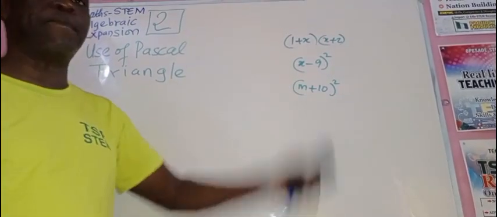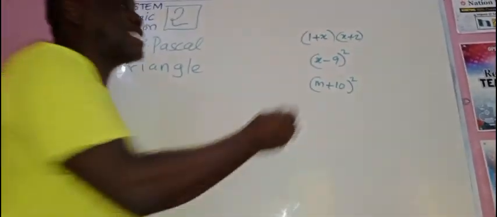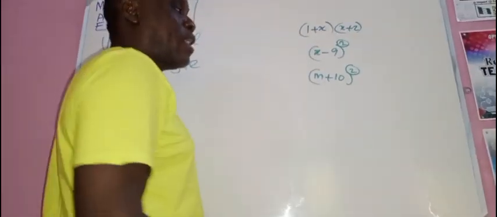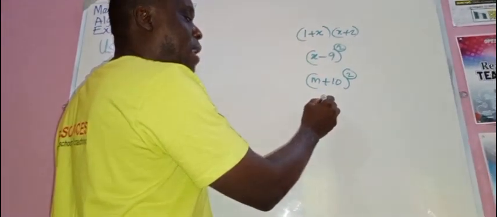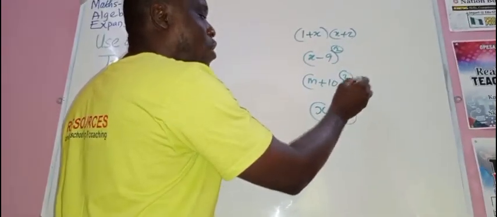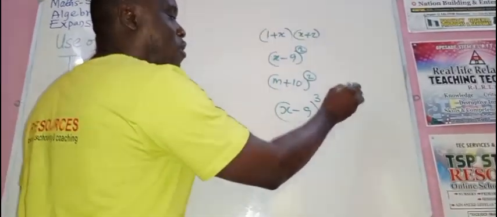We did something like this in part 1, where the highest power, the exponent, is 2. What happens if you have x minus 9 raised to power 3, or power 4, or even power 20?